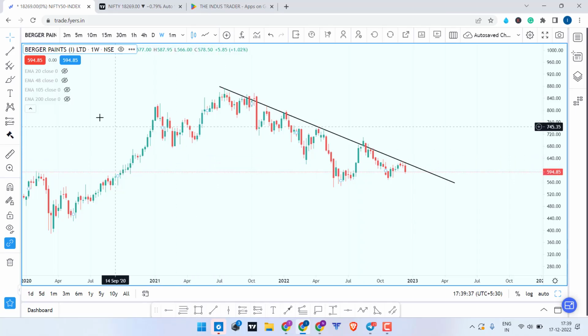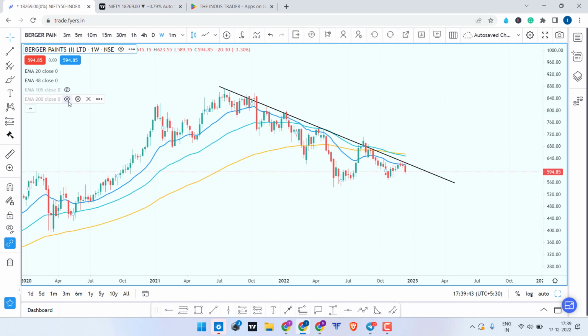Apart from that, I also take indicator confirmation, that is EMA 20, 48, 105 and 200. So this EMA 20 I use for intraday trend, 48 for swing, 105 for positional view, and EMA 200 for long term view. So let me hide all this.